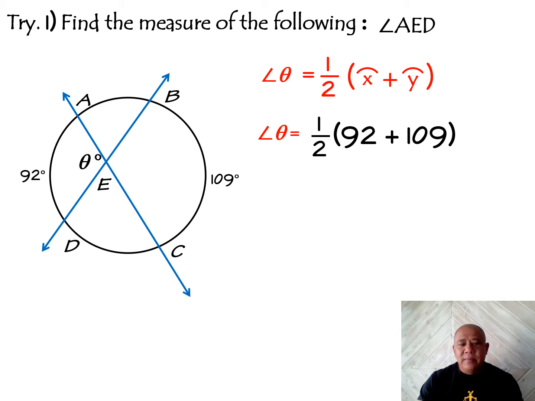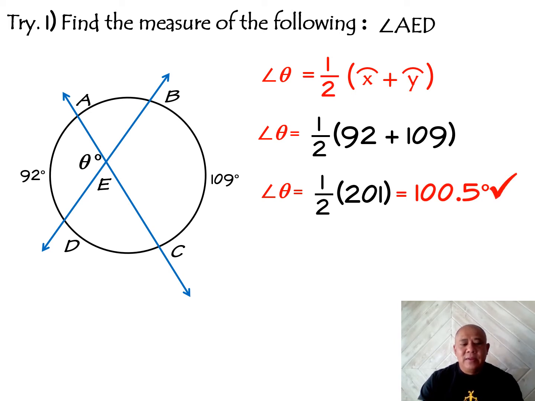So we add it up. And 92 plus 109 is 201. Take 201 divided by 2, and that gives you 100.5. And there you go. Try 1 is 100.5. If you got that right, good for you. So let's move on and continue now.